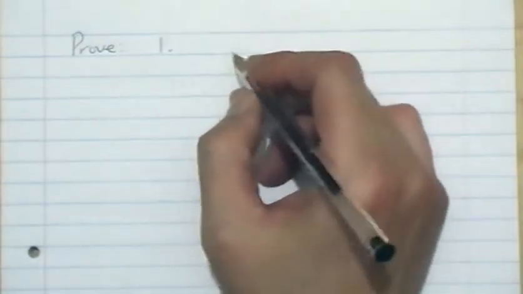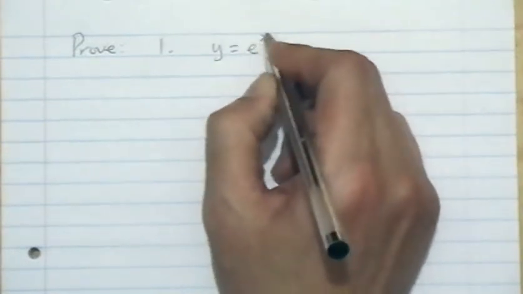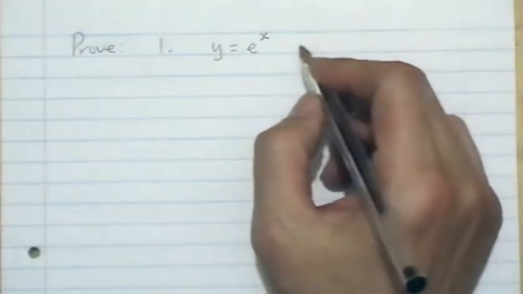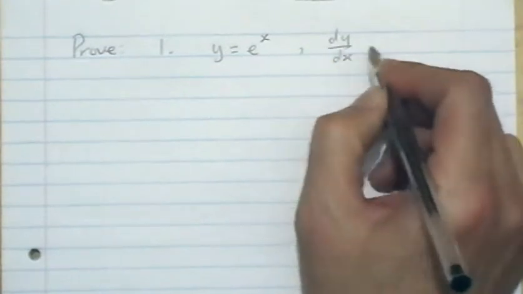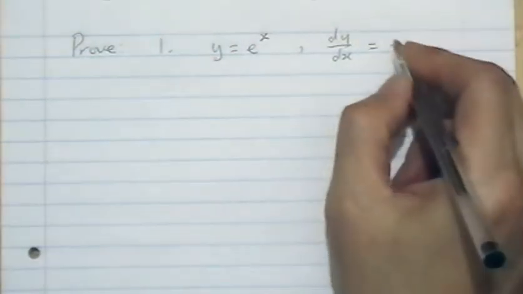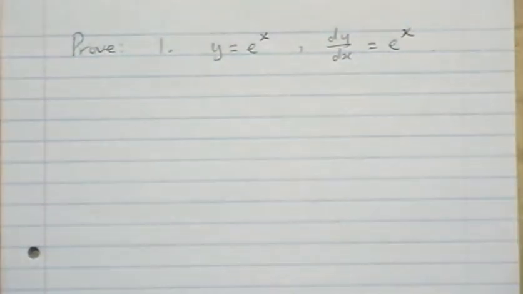The first thing is this: if y is equal to e to the power of x, then dy/dx is also equal to e to the power of x.